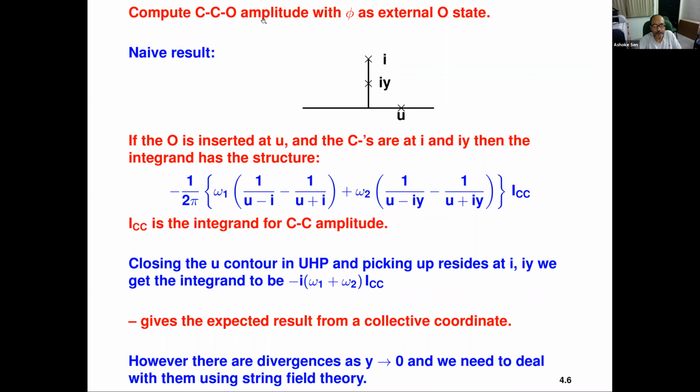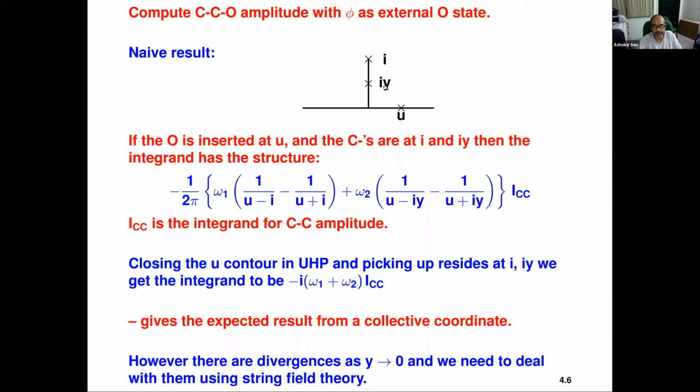So the CCO amplitude we can compute in the following way. Let's place the first C at I, that we can always do. We still have one conformal Killing vector left because we have only fixed two of the coordinates. So using the last conformal Killing vector, we set the imaginary part of the second C coordinate to 0.